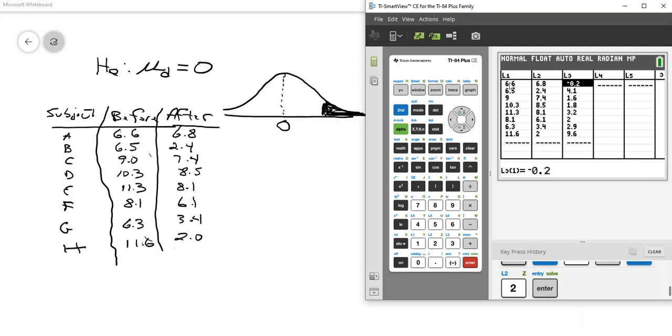L1 means before hypnotism, so we're assuming lots of pain. After hypnotism, less pain. So a big number minus a smaller number, these should all be positive, theoretically speaking, which means we're going to end up over here. So that's where we are in it.